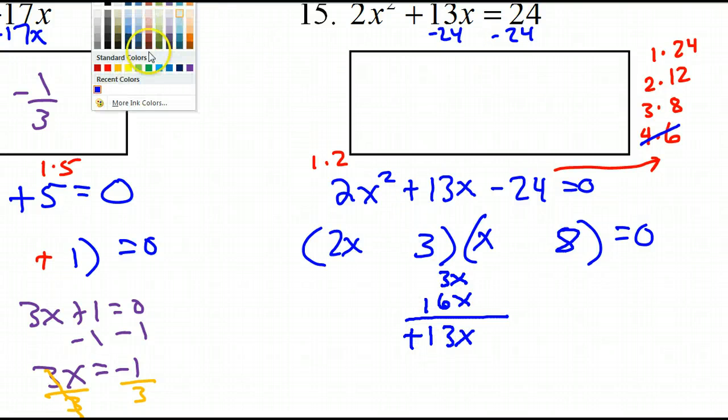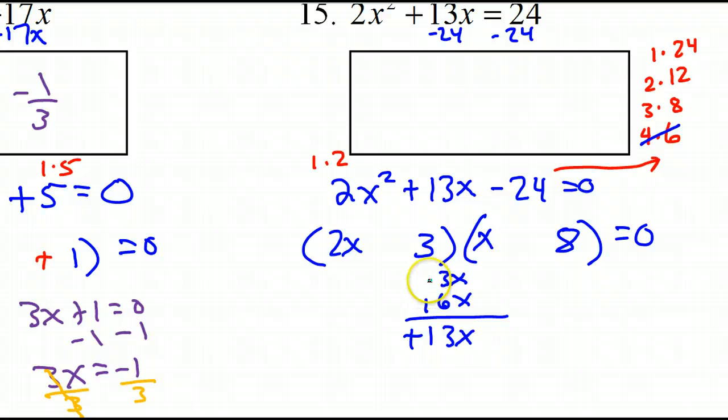I can get this if the 3x is negative and the 16 is positive. That would make 13. So there's my negative for the negative 3x, and here's my positive for the positive 16. Does that make negative 24? Yep, negative times a positive is negative. So we have factored it correctly.